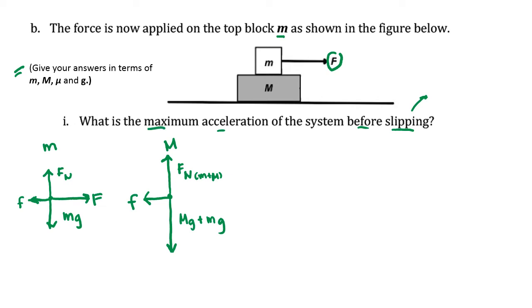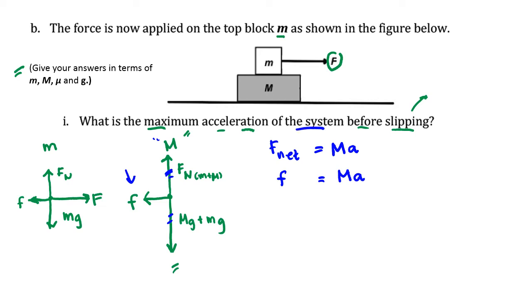Alright, so we can easily find the maximum acceleration by looking at the free body diagram of the bigger block of wood. The only force that causes it to move would actually be friction, since the vertical component does not have a bearing on the motion of this block. So we will have F net is equal to capital M A, and our F net in this case is just friction, equal to mass times the acceleration of the system.